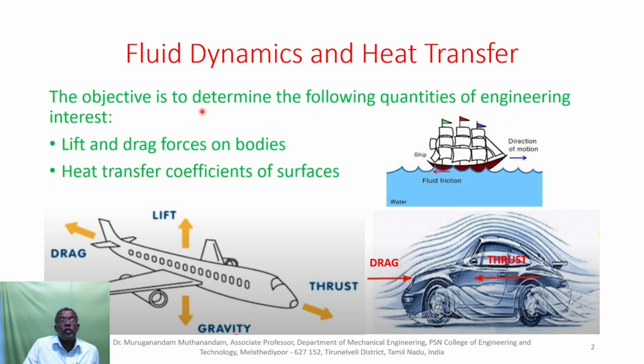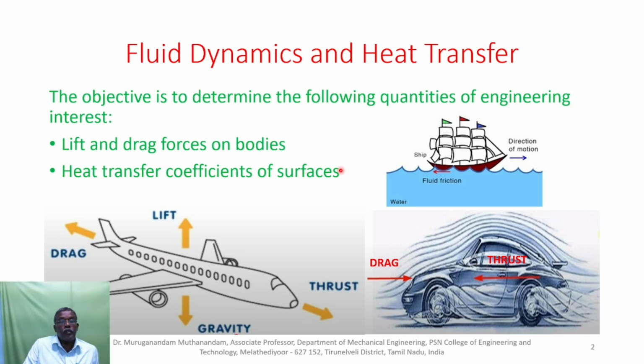These are the quantities of interest for an engineer. To find them, we study fluid dynamics; we analyze the bodies and the flow around the bodies using fluid dynamics principles.